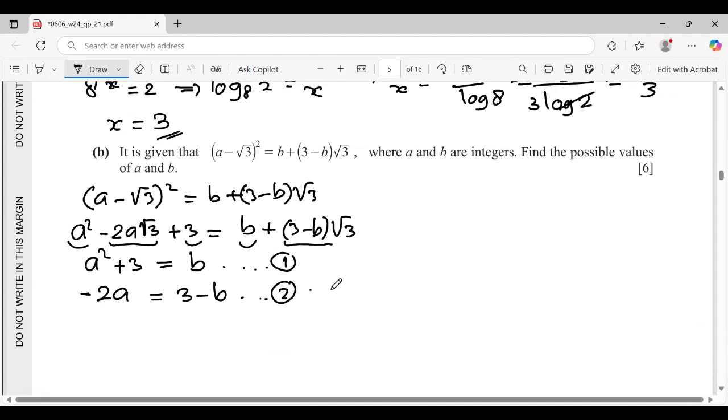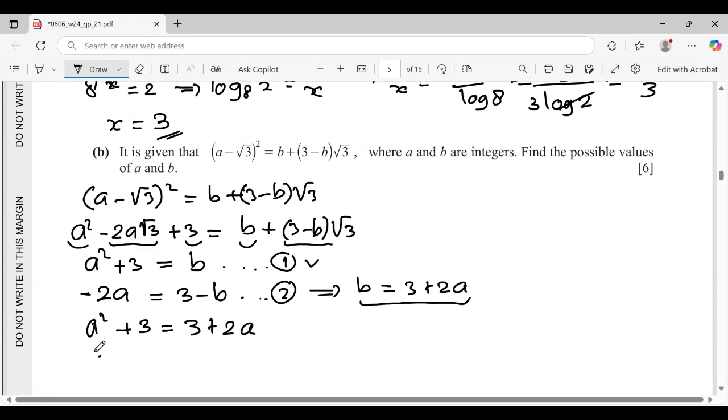From the second equation, we gain that b equals 2a. After that, substitute this into the first equation. It becomes a squared plus 3 equals 3 plus 2a. So a squared minus 2a equals 0, because 3 minus 3.